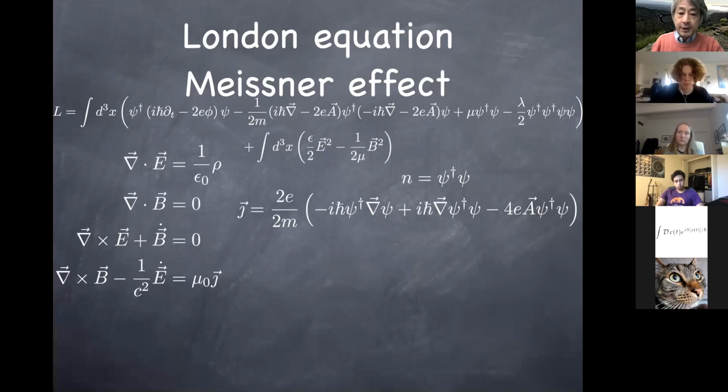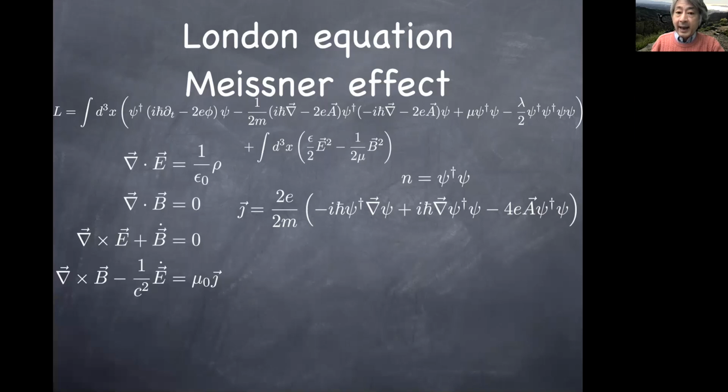You also learn what J, the current, should be by taking the variation of the Schrödinger quantum field theory Lagrangian with respect to the vector potential. By taking variation with respect to this one, you get psi dagger grad psi.